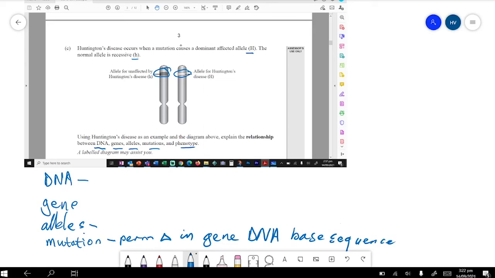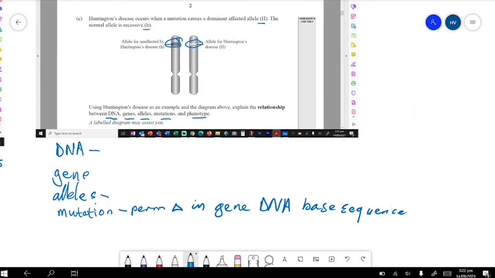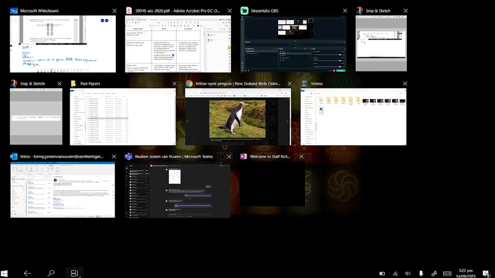Okay, and then lastly, the combination of your alleles will give you the phenotype, which is the expression of your genotype, and the genotype is made up of the alleles, and so phenotype is the physical feature. Okay, let's have a look at the model answer.